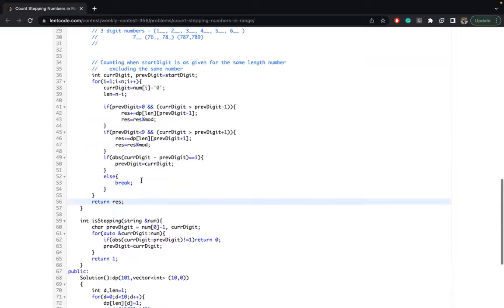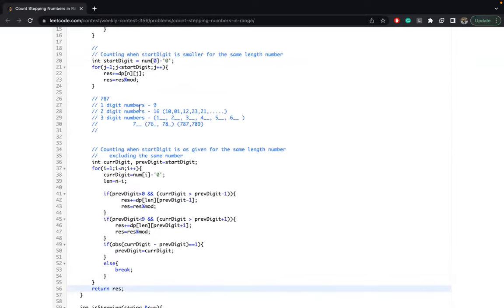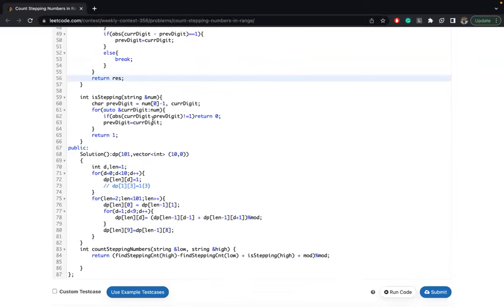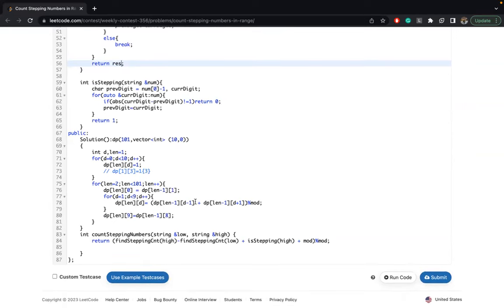So if you are counting for 787, I think you have understood how you are finding the count of all the stepping numbers till a certain number. So now I think you have understood how I am returning the result.